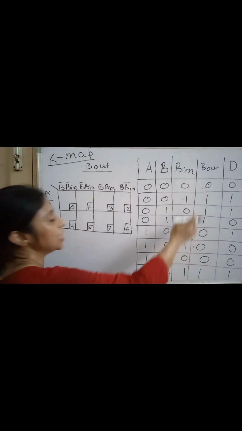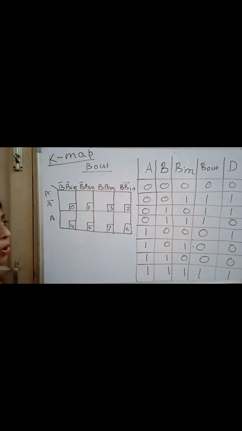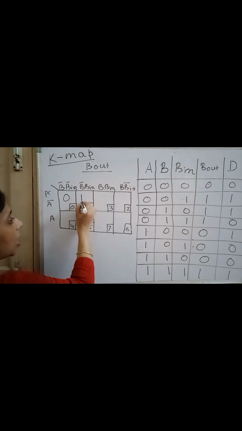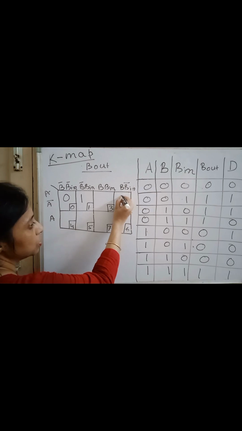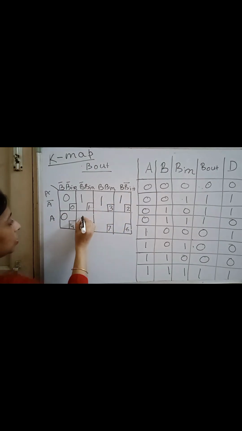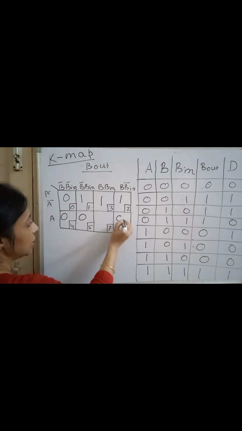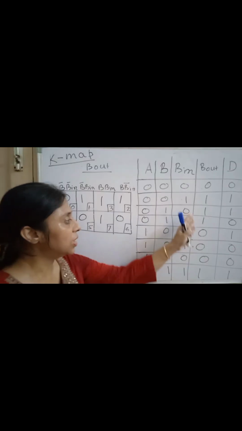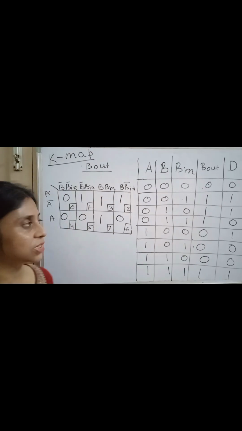So we will put these values in the respective boxes. So put them 0, 1. This is box 2. So 1, 1, 0, 0, 0, 1. Right? So we have put all these values in the respective boxes.